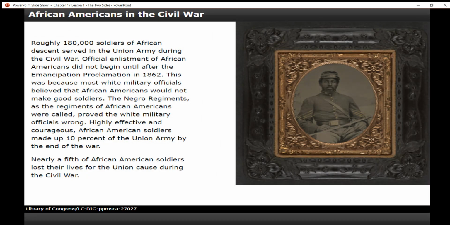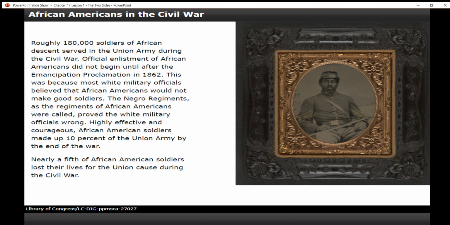So here's a little slide giving us more information about African Americans in the Civil War. It says here roughly 180,000 soldiers of African descent served in the Union Army during the Civil War. Official enlistment did not begin until after Lincoln's Emancipation Proclamation in 1862. This was because most white military officials believed that African Americans would not make good soldiers.